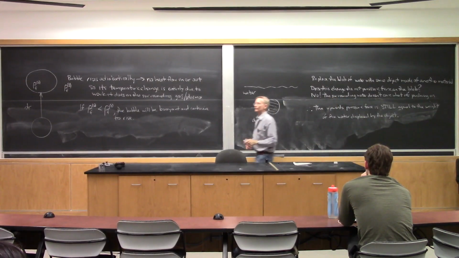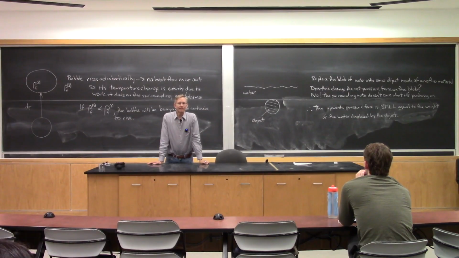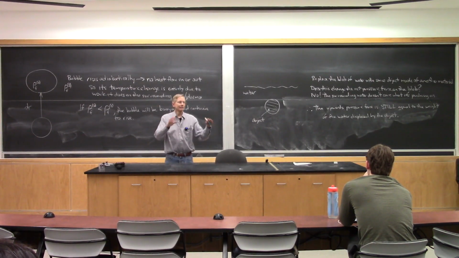So when will the object float versus when will it be buoyant versus when will it sink? What would make it sink? If its weight was stronger. If its weight is more than the weight of the water displaced, right? Because the downward force on it is the weight of the object itself.